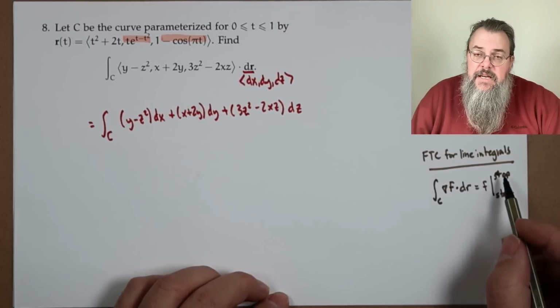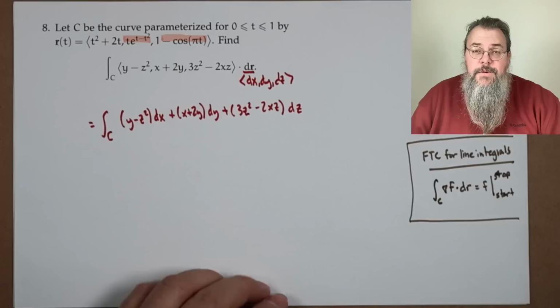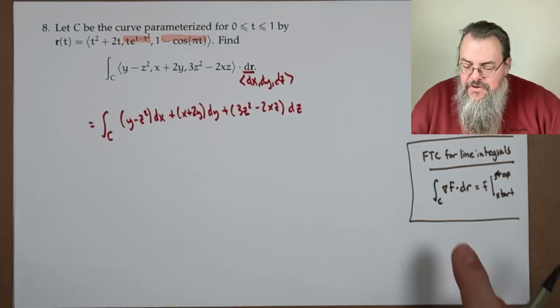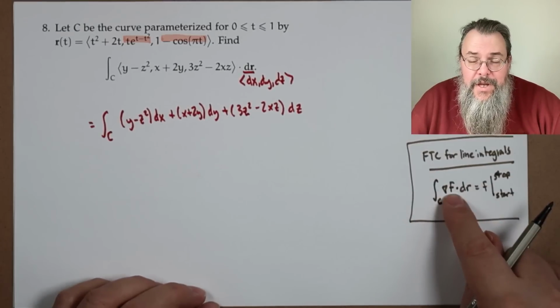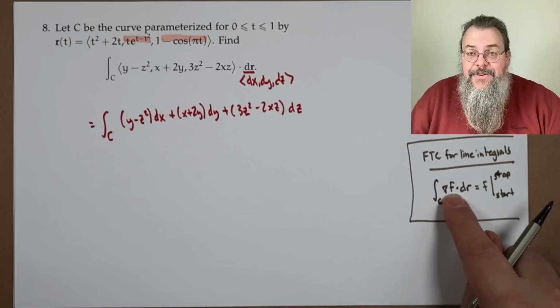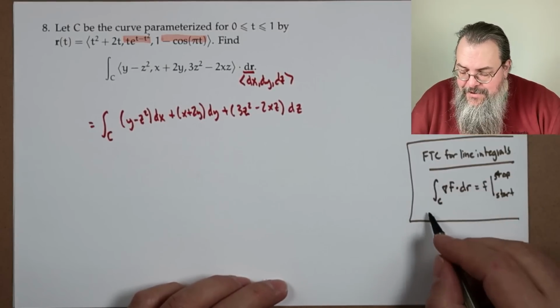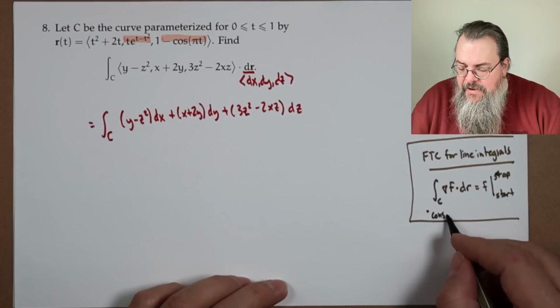It's plugging in at the end minus plugging in at the beginning. All right, so there we go. That's it. So if we have the case where this is the gradient of something, or in other words, gradient of f means we're conservative. Okay, so that's another way to just phrase this.